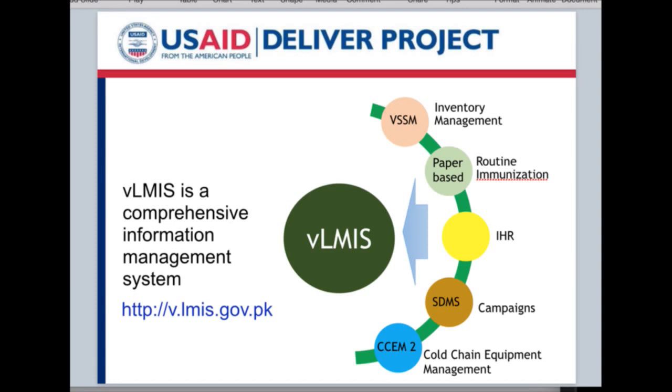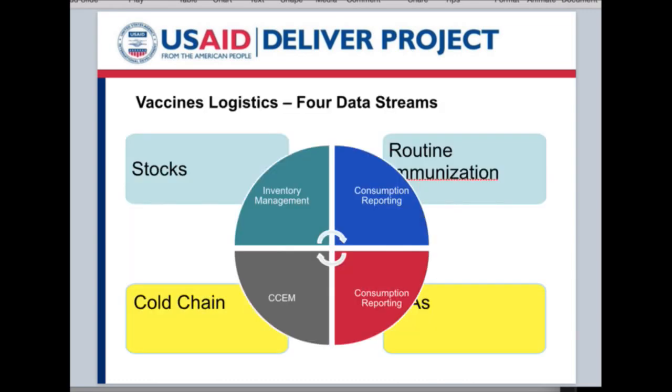But vLMIS was developed with the concept that it can integrate all systems' capabilities into one web-based system. You can visit it at v.lmis.gov.pk. Last month it was available through a guest username and guest password, but now the government is providing different users for accessing the data.